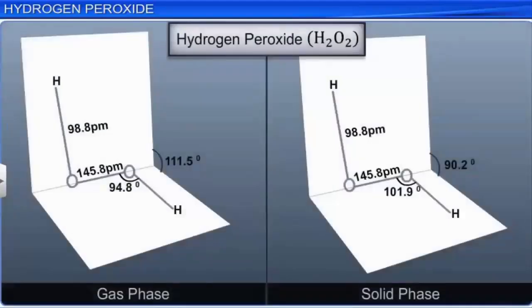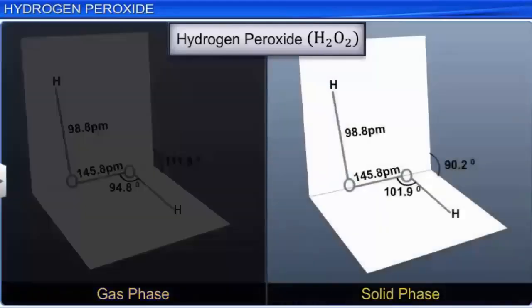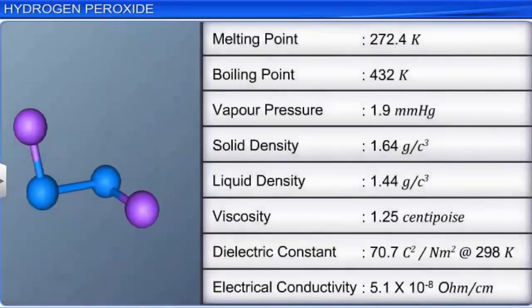In gaseous state, hydrogen peroxide has a dihedral angle of 111.5 degrees, whereas in solid state, at a temperature of 110 Kelvin, it has a dihedral angle of 90.2 degrees. This affects its physical properties.